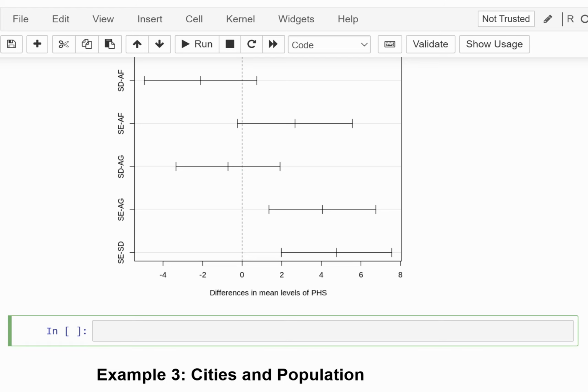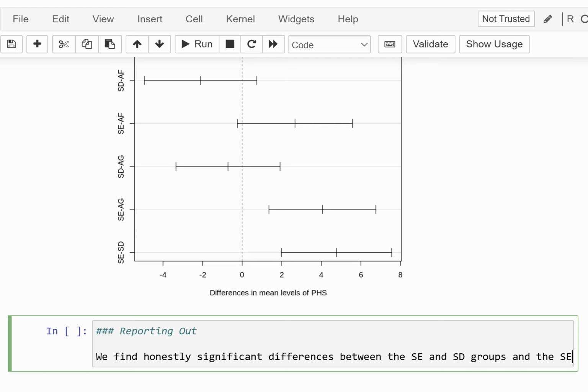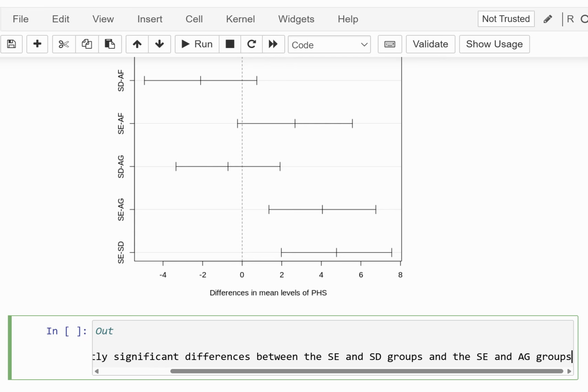So the final reporting out is that we find honestly significant differences between the SE and SD groups and the SE and AG groups.